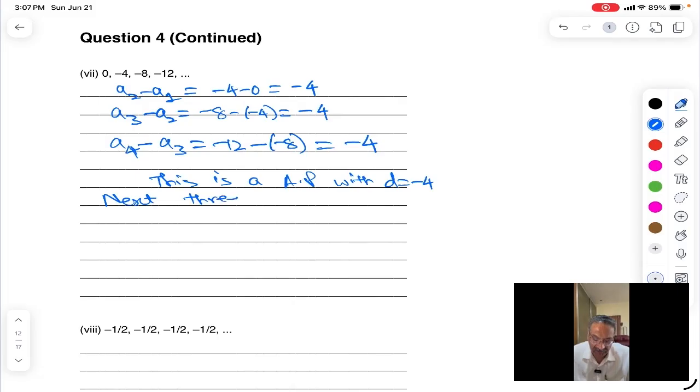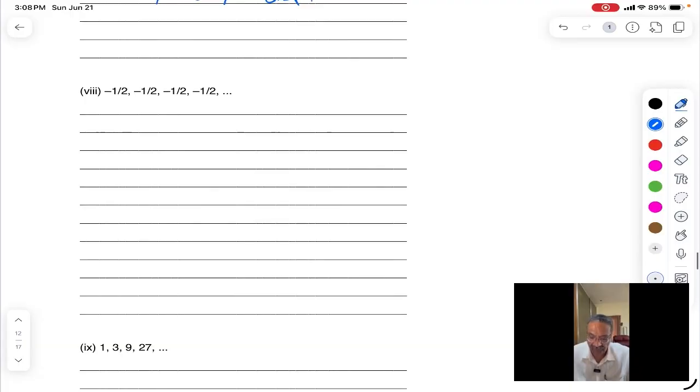Next 3 terms, what will they be? After -12, if we add -4 to it, what happens? -12 minus 4 becomes -16, then -20, then -24. Hope this is easy. Similarly, for this one you can say it immediately: here all the numbers are the same, so the common difference is 0.